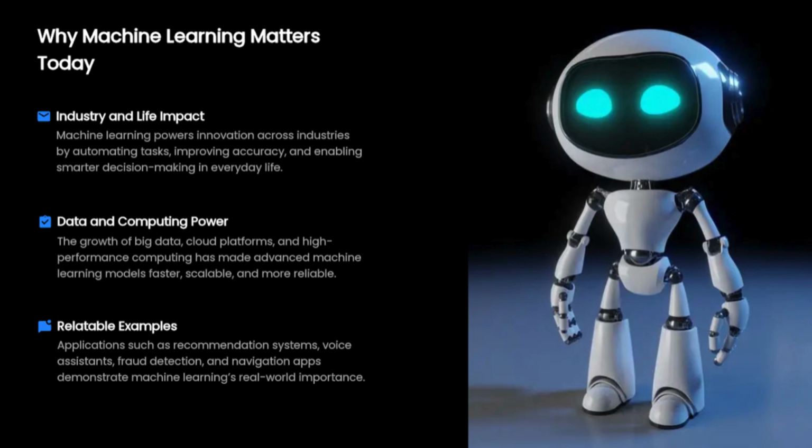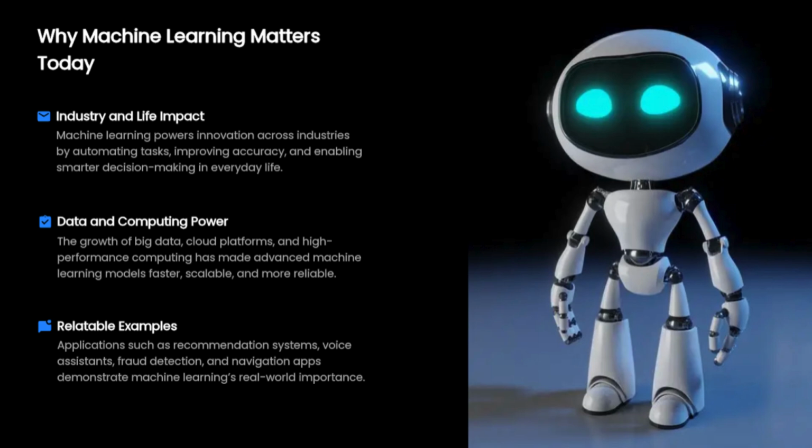Now let's understand why machine learning matters so much in today's world. First, the industry and daily life impact. Machine learning is driving innovation across industries by automating repetitive tasks, improving accuracy, and enabling smarter decision-making in everyday life. Next, data and computing power. The explosion of big data, cloud platforms, and high-performance computing has made advanced machine learning models faster, more scalable, and more reliable than ever before.